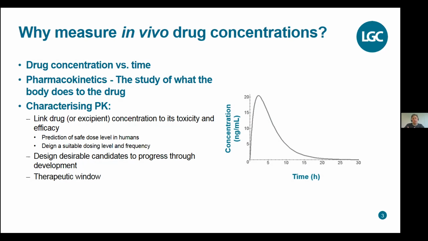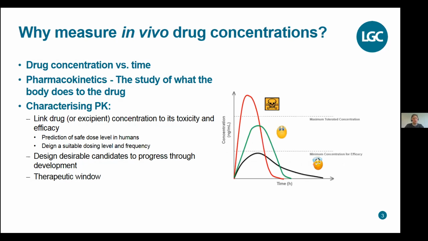We can then take a step back and look at those pharmacokinetic parameters and really design desirable candidates to progress through development based on those characteristics. Ultimately, it's about making sure that we are achieving this exposure within the therapeutic window of the drug. So we're not dosing so that we're causing toxic effects, but we're dosing enough that we're having that efficacious effect.